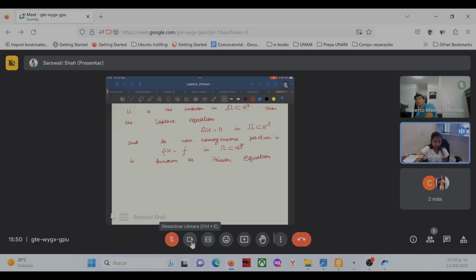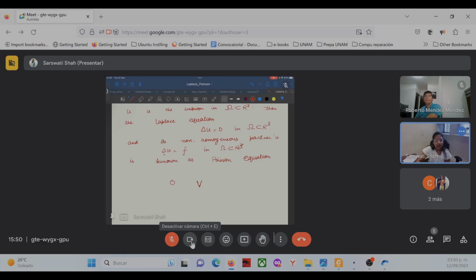Again, I come to the point. This is the Laplacian. Let me tell you a very physical thing. Suppose V is a potential, for example in electromagnetic fields where there is a magnetic field and an electric field.